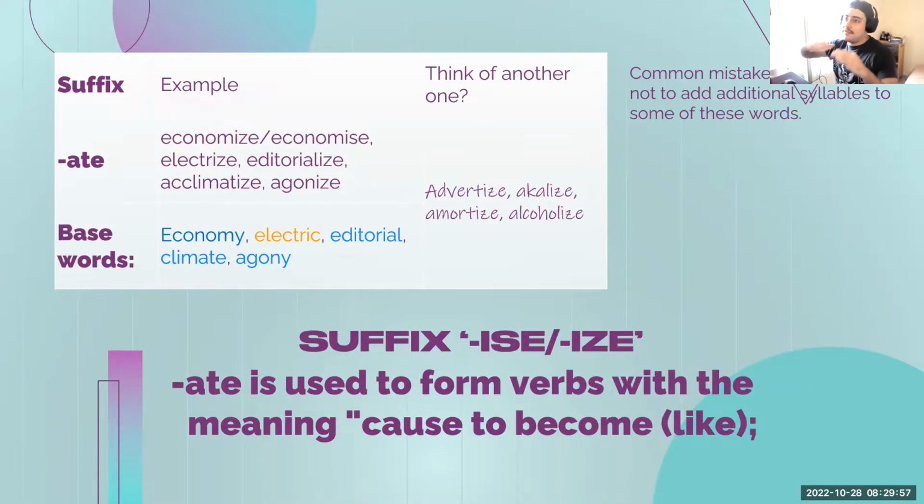It's like a 50-50. If you use the words correctly, it's a very good score. But if you say alcoholize, that's going to be a very negative point. So be careful of that.